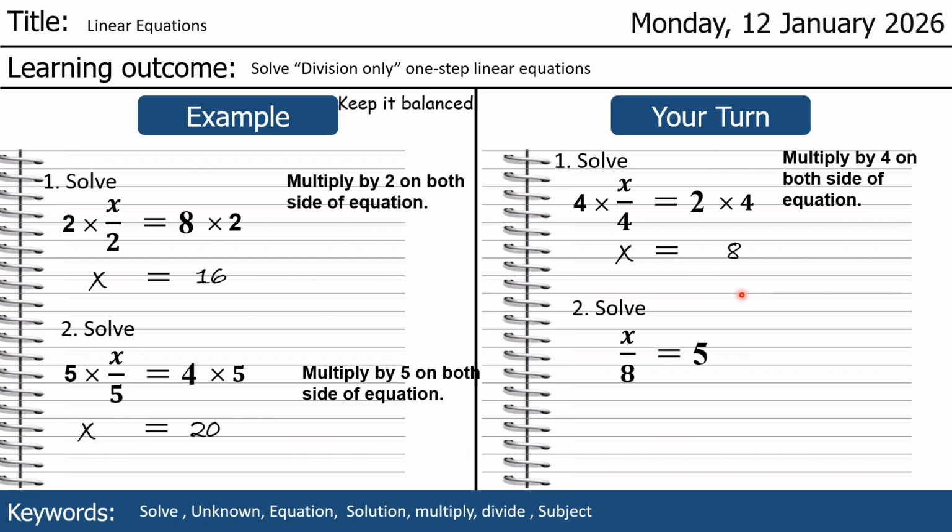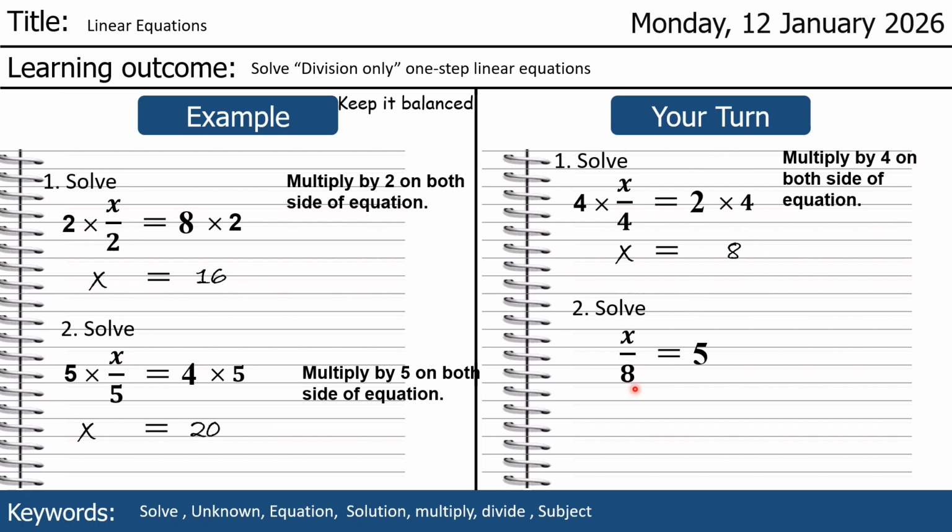Let's try this one. So x divided by 8 is equal to 5. So here again we use the reverse operation method. So here we have x divided by 8. So dividing by 8 is the last operation that was done to x. This means we have to reverse dividing by 8.